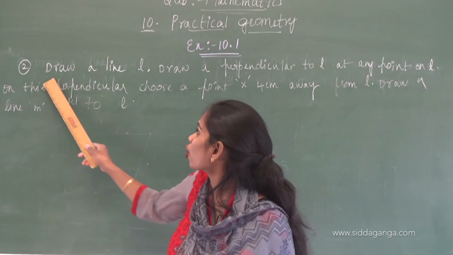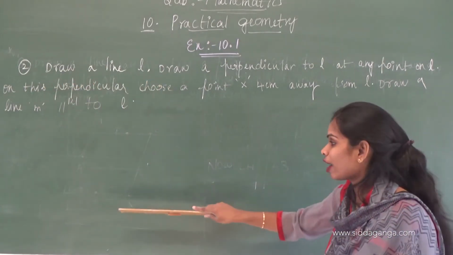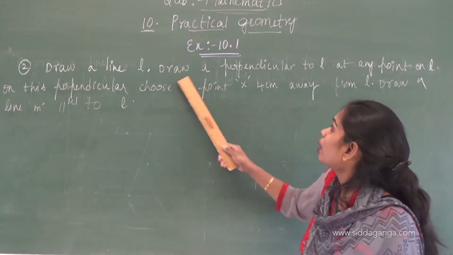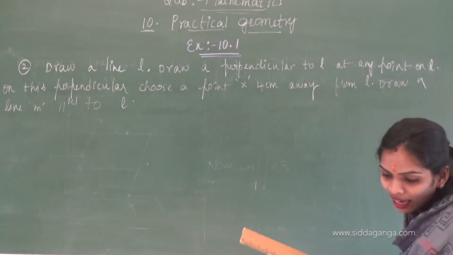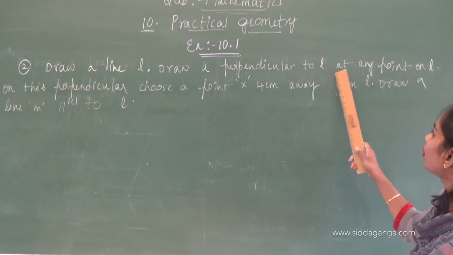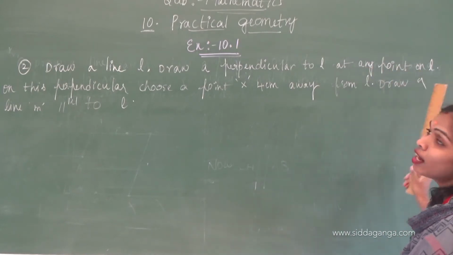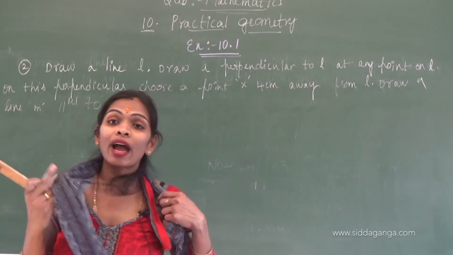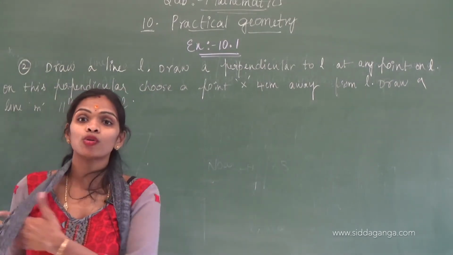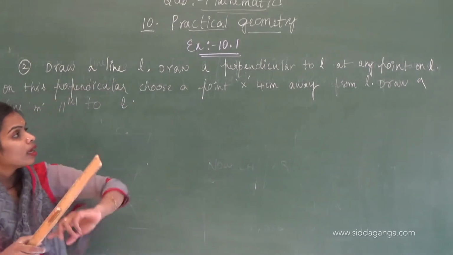Draw a line L. First we have to draw one line L. Draw a perpendicular to L. We have to draw a perpendicular line for L at any point on L. Now, on the perpendicular, I already showed you how we have to draw a perpendicular line using ruler and compass.